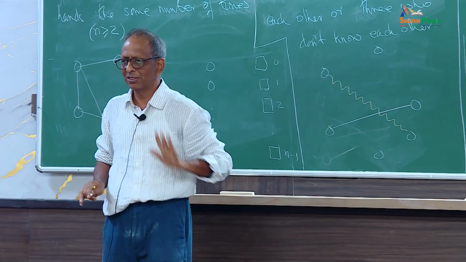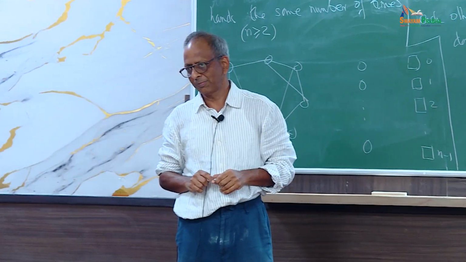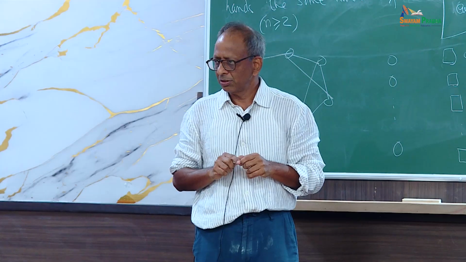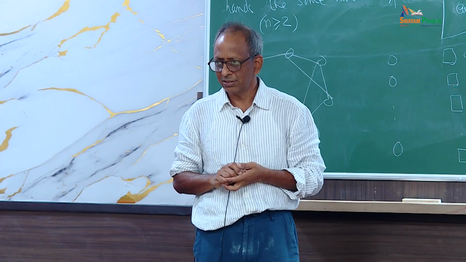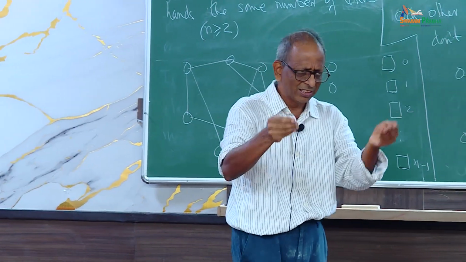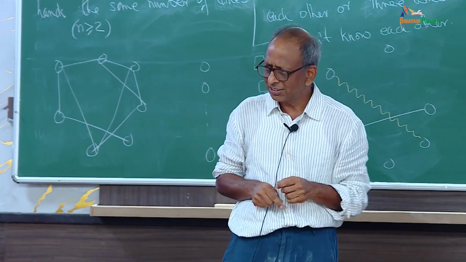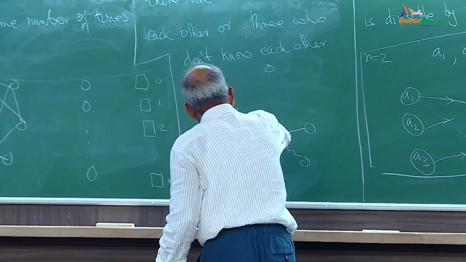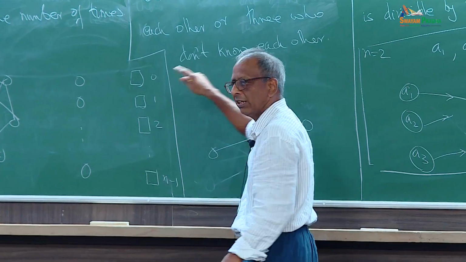There will always be a triangle that has straight lines or a triangle which has wavy lines. Would you like to try some examples? Draw 6 vertices, just draw straight lines and wavy lines, and see whether you always find either a solid triangle or a wavy triangle.